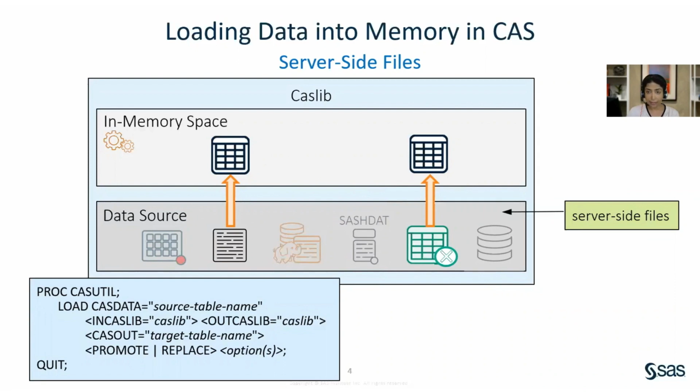Source data files mapped to a Caslib are called server-side files. These can be rapidly loaded into the Caslib's in-memory space for processing. So if we need to load a server-side file that is stored in the Caslib's data source, we'll use a CAS util load statement with the CAS data equals option.